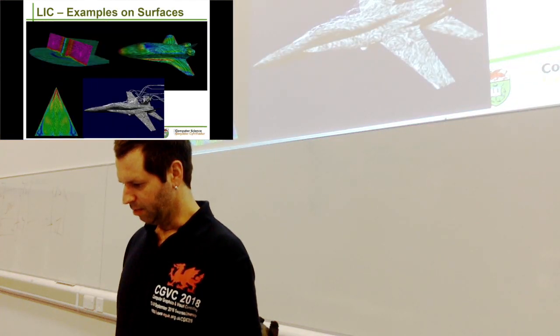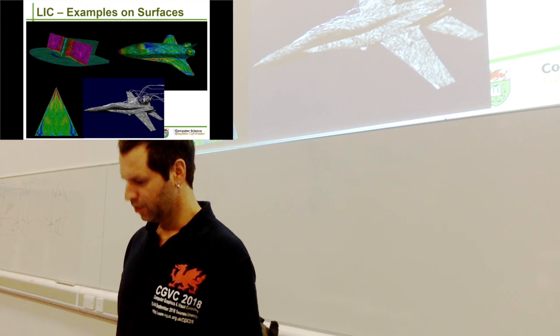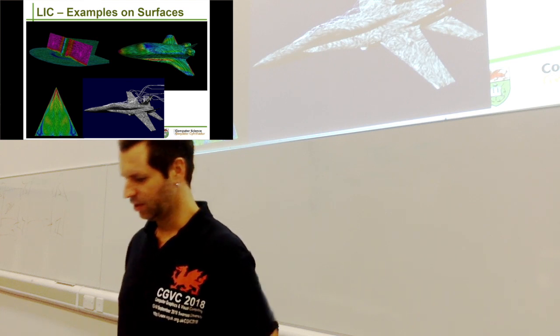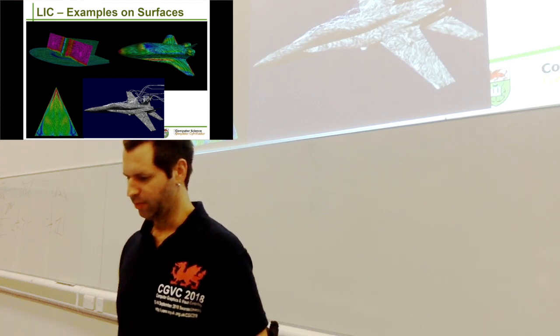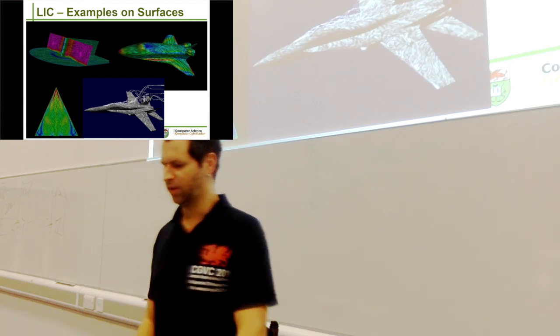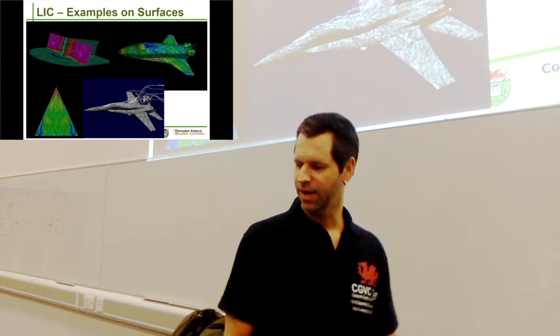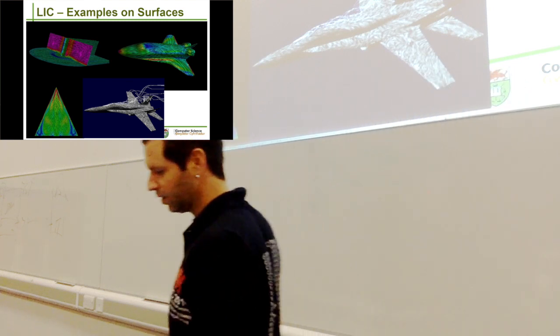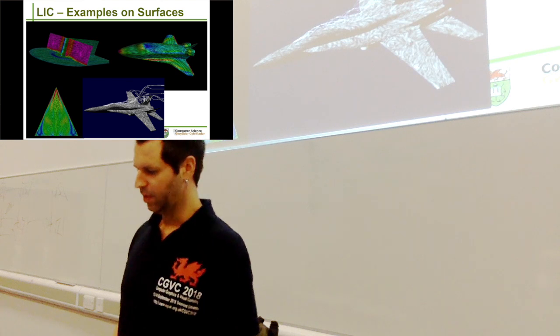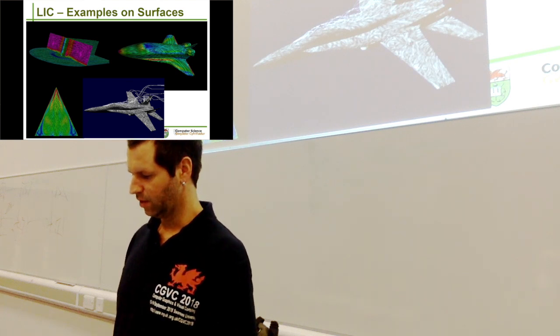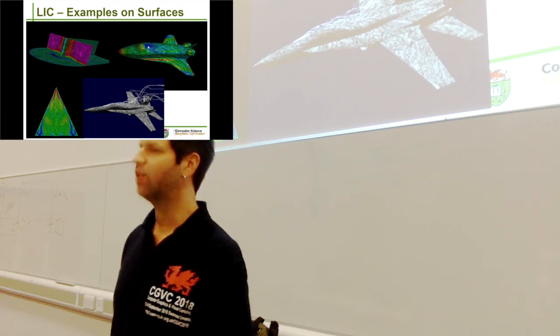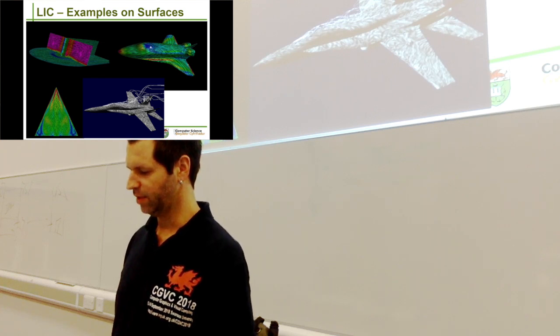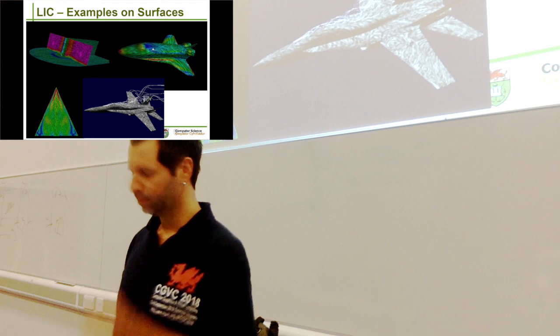Here's the idea applied to surfaces. You can texture map surfaces. Sometimes that's easy, sometimes that's very difficult. And then apply the same thing. It does get more complicated when you apply the same idea to surfaces. And here the texels are color mapped.